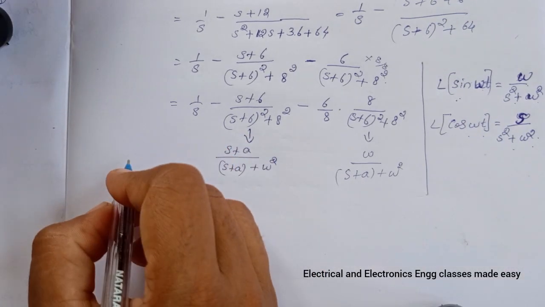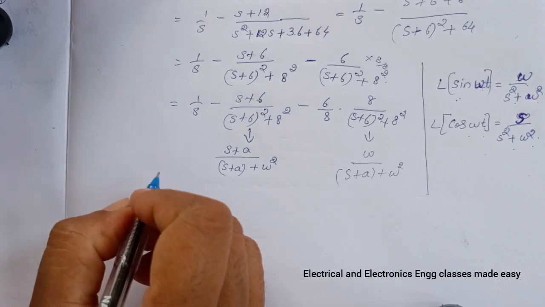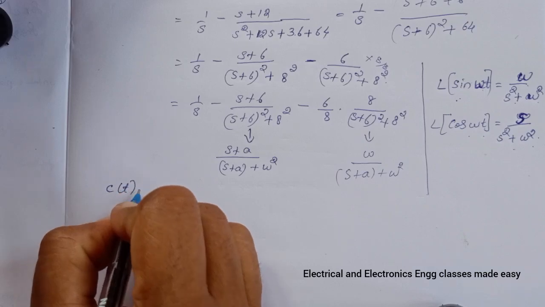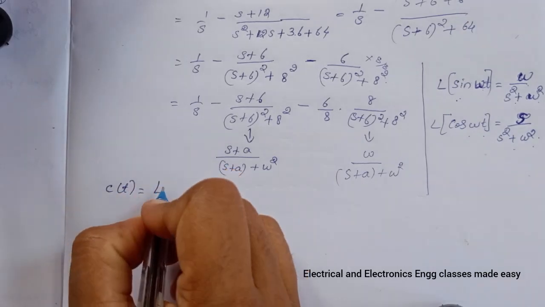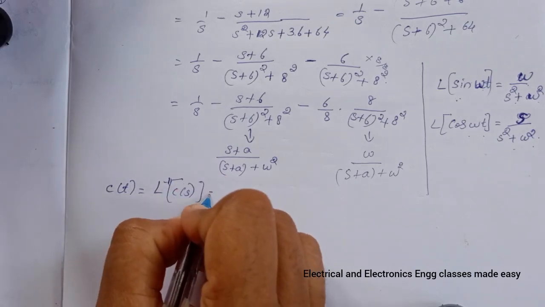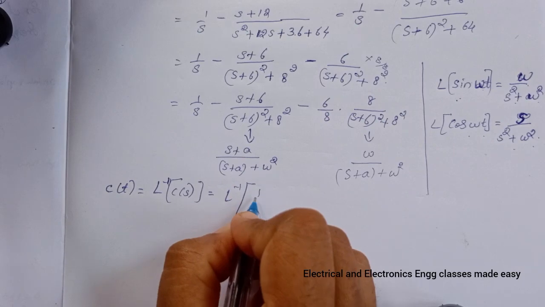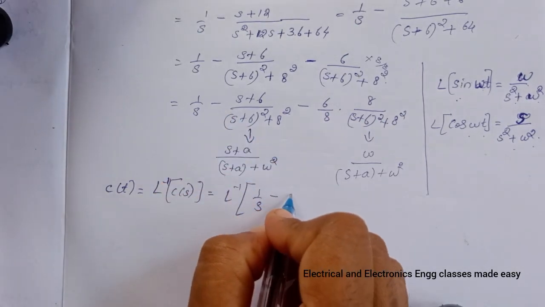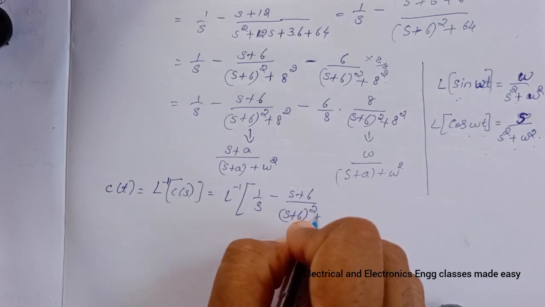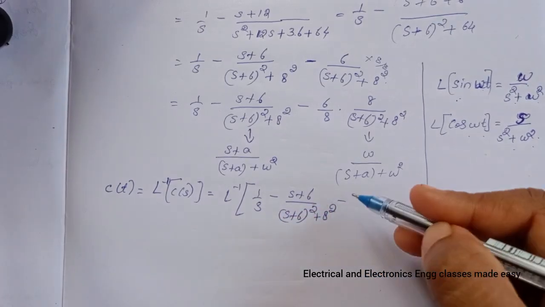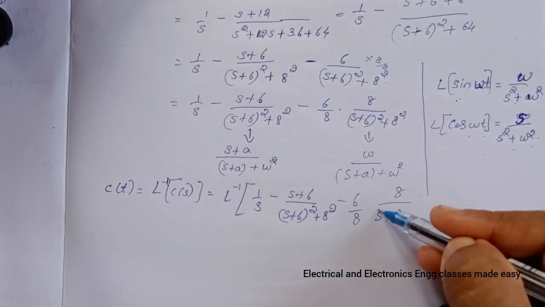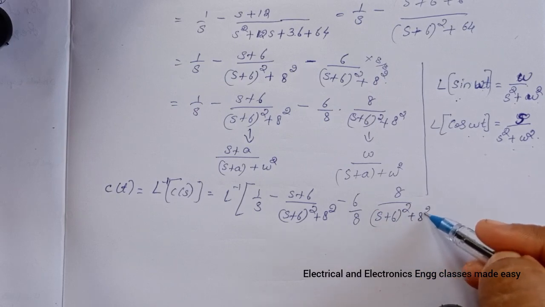So here we have to find the response, that is response c of t equal to L inverse of C of s, and that is equal to L inverse of 1 divided by s minus (s plus 6) divided by (s plus 6) the whole square plus 8 square minus 6 by 8 into 8 divided by (s plus 6) the whole square plus 8 square.